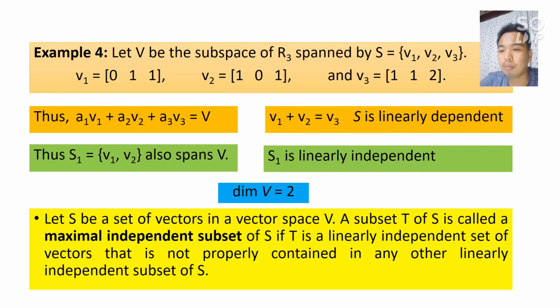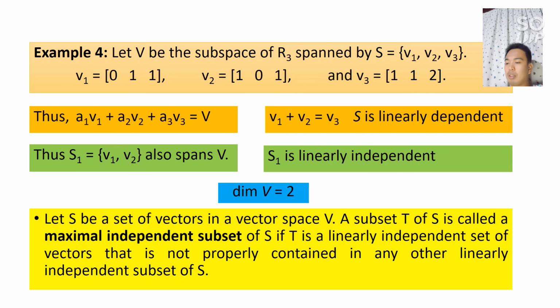We can observe that v1 plus v2 is equal to v3, thus S is linearly dependent. Moreover, S1 equals v1, v2 also spans V, and S1 is linearly independent. Thus, S1 is a basis of V, and its dimension is 2.